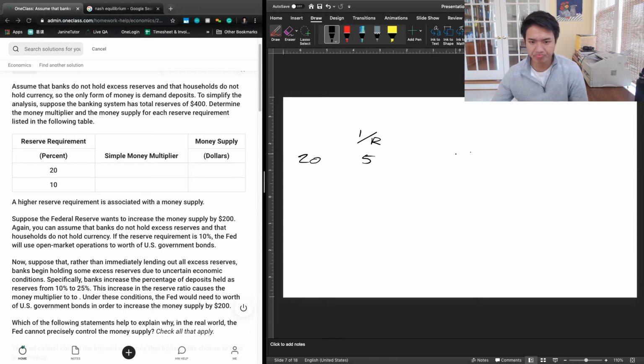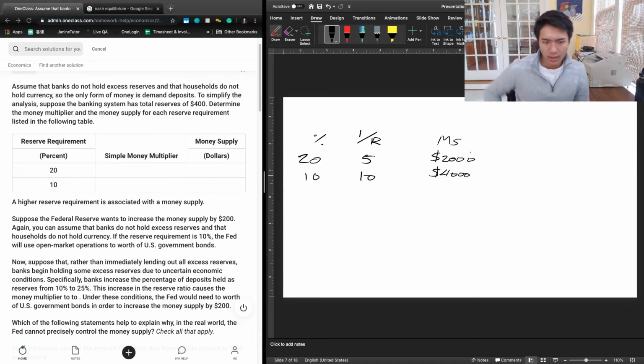That's our first money multiplier, and then money supply is going to be deposits times the money multiplier. So 400 times 5 is going to give us 2,000. With a 10% reserve requirement, we have 1 divided by 0.1, so we get 10, and then 400 times 10 is 4,000.